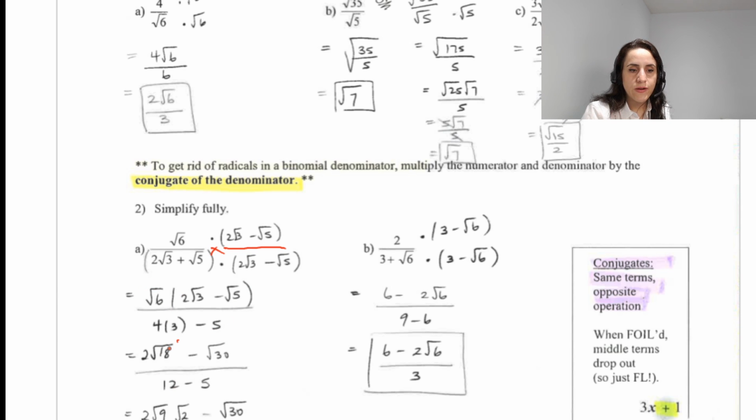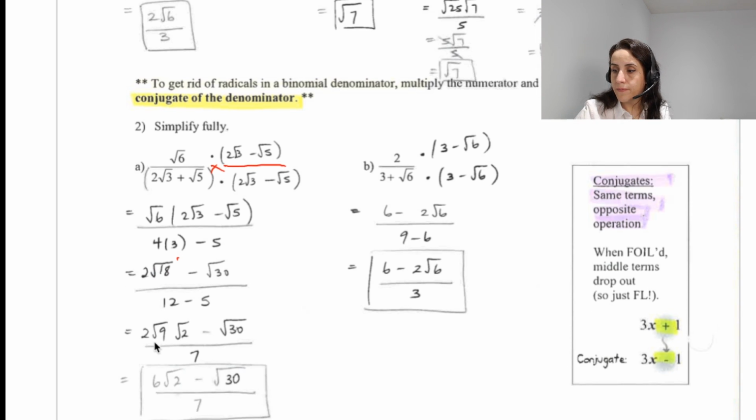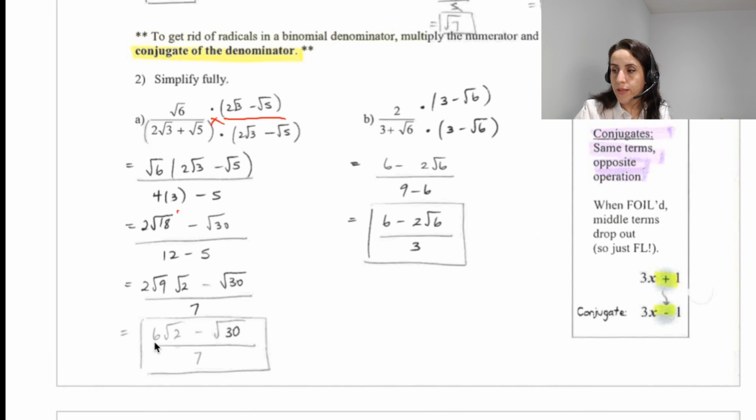Multiplying in the denominator, 4 times 3, 12 minus 5, and in the numerator, when I'm multiplying, I'm gonna have these two numbers. Radical 18 is simplifiable. Then I did 2 radical 9, or 3 multiplied by 2, 6. And here radical 30 is staying by itself.